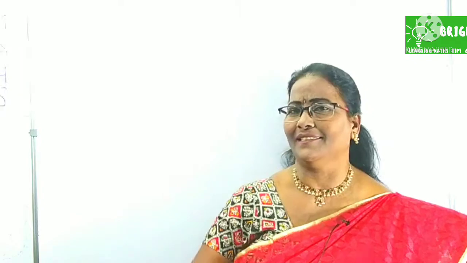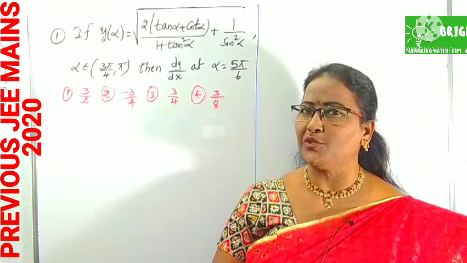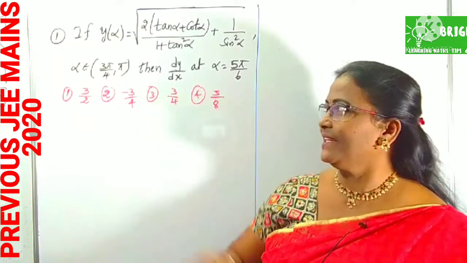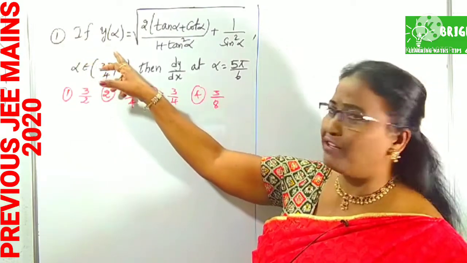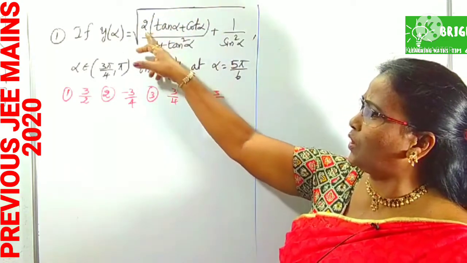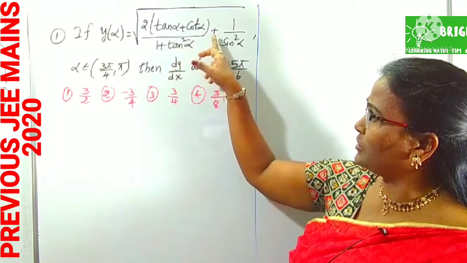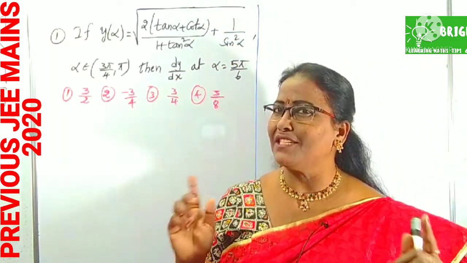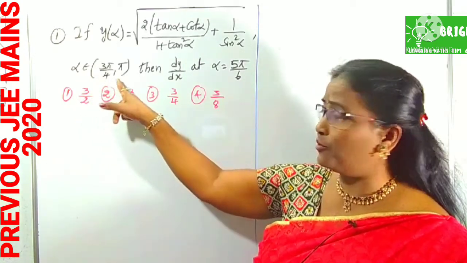Are you ready? Yes. What am I going to discuss in today's session? Previous JEE Mains of the year 2020 on the topic derivatives. Okay, it is the first question. What is given here? y(alpha) is a function given as root over 2 of (tan alpha plus cot alpha) by (1 plus tan square alpha), plus 1 by sin square alpha, where alpha lies in 3 pi by 4 to pi.